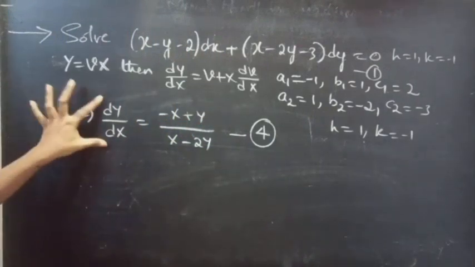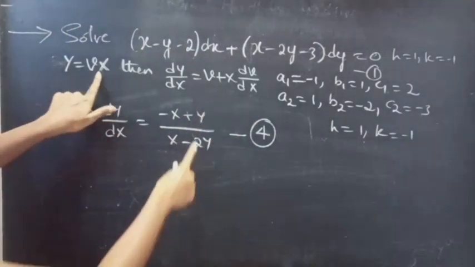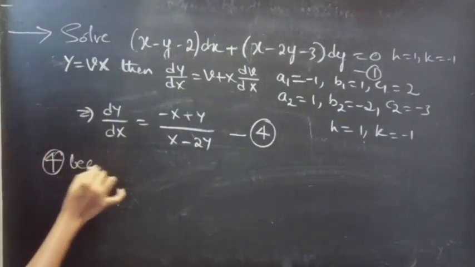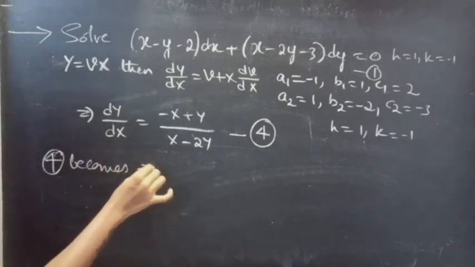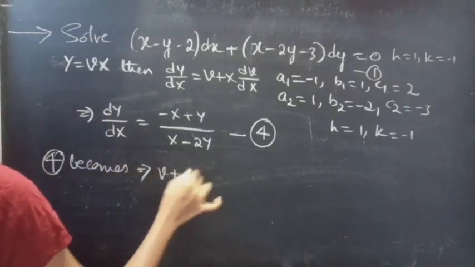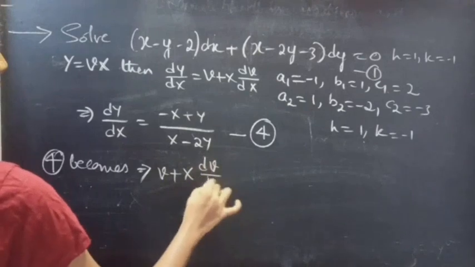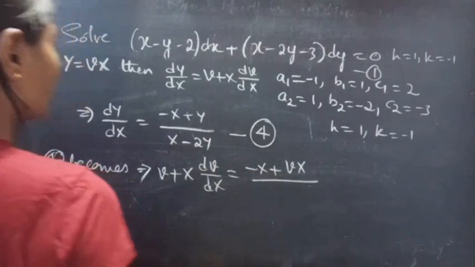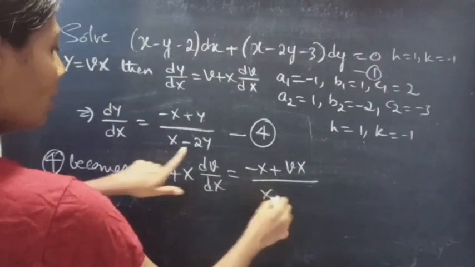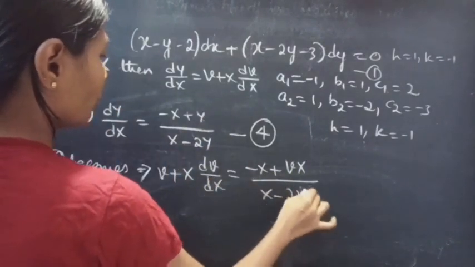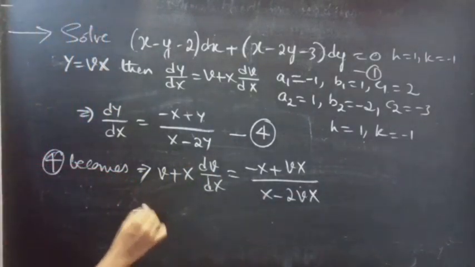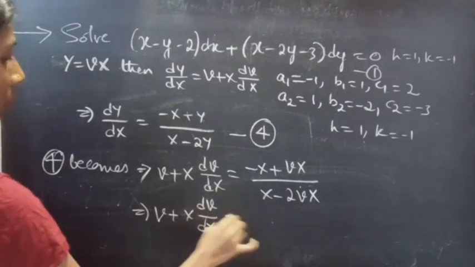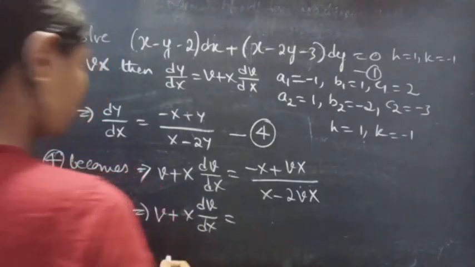Now replace dy by dx by this and y by vx. Then equation 4 becomes v plus x into dv by dx equals minus x plus vx by x minus 2vx.